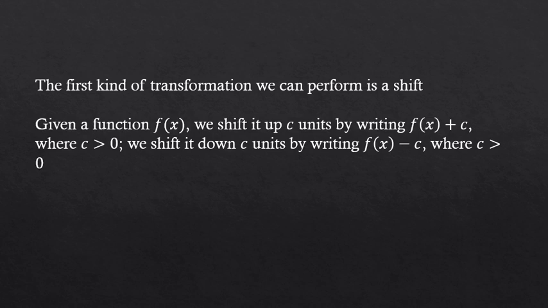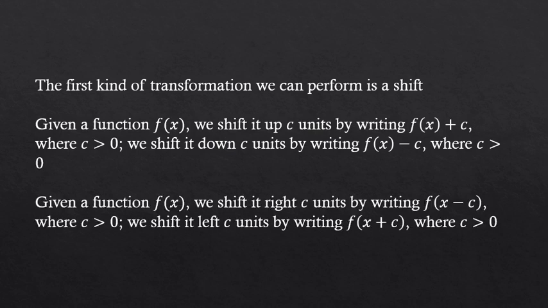We can shift it down c units by writing f of x minus c, where c is a positive number. So adding or subtracting a number on the end of the entire function itself will shift it vertically, up or down.